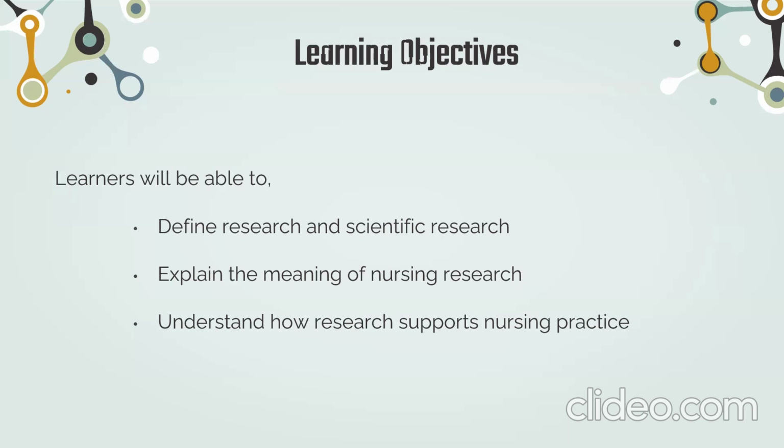Research helps nurses make better decisions, improve quality of care, reduce errors, and promote patient safety. For example, if research shows that hand hygiene education improves compliance among nurses, hospitals can use that evidence to design better infection control programs.